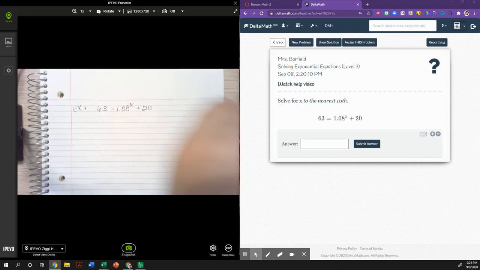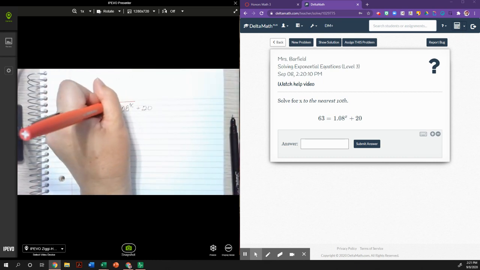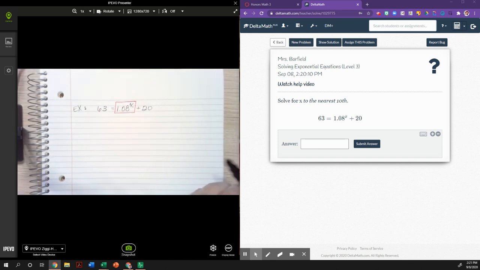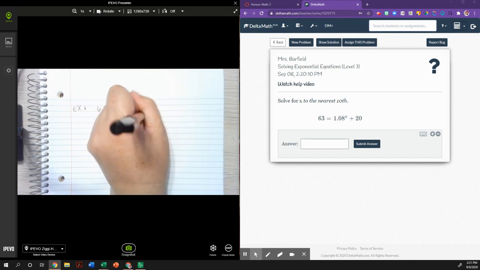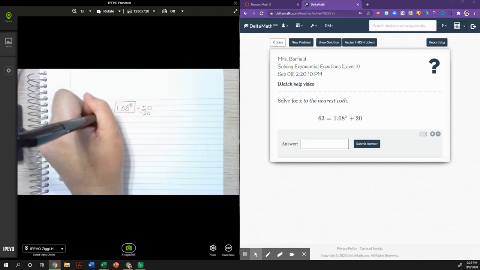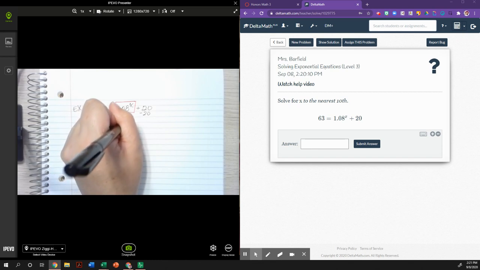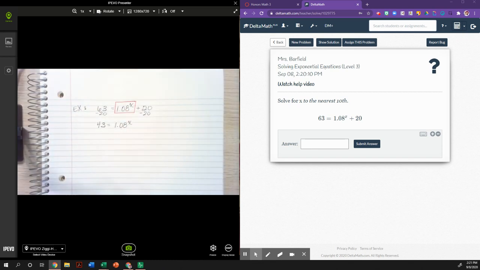I need to get this term by itself, the term that has the base and the exponent. So I'm going to subtract 20, and I get 43 equals 1.08 to the x.